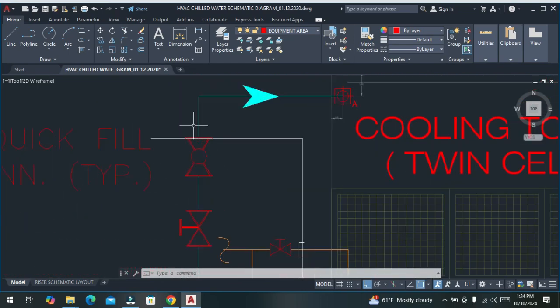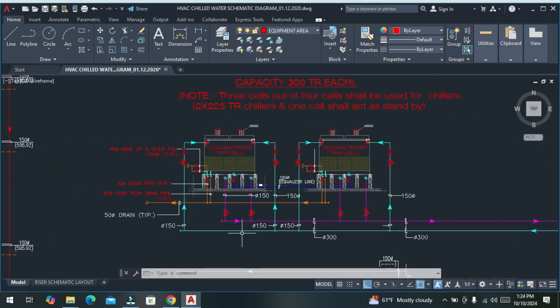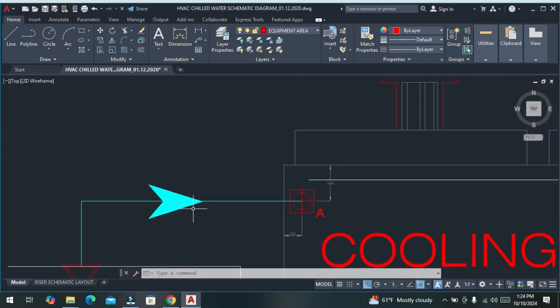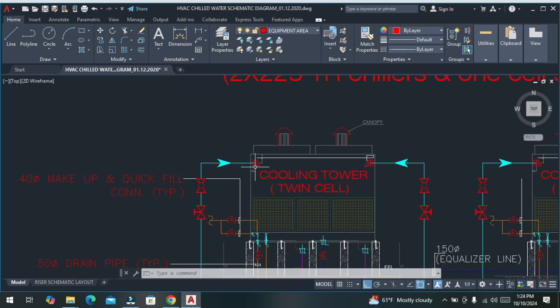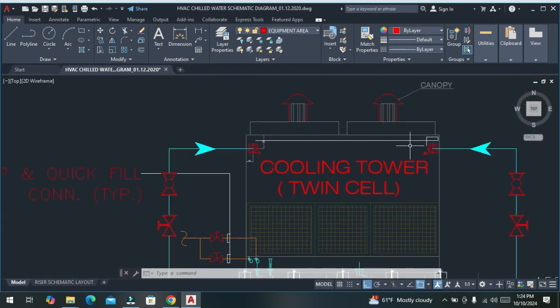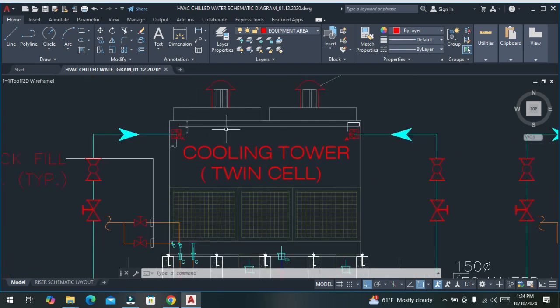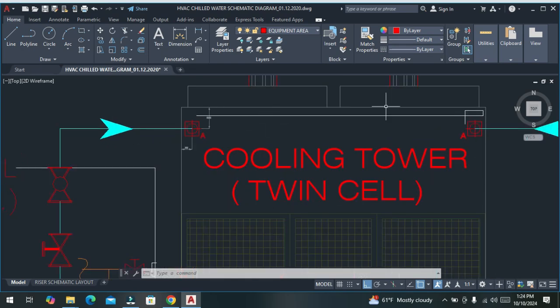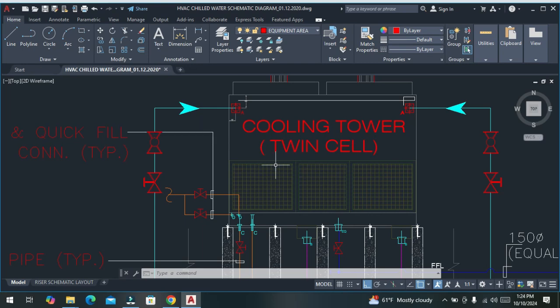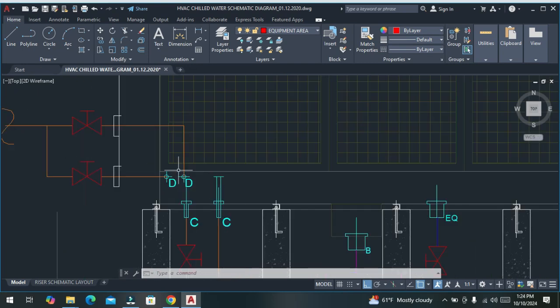Here the condenser outlet hot water enters the cooling tower at the top, where we have nozzles. From here it will spray through the fins. This heated water is split into several forms, and it will fall into this collection tank.